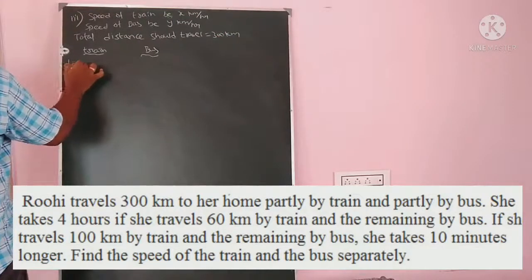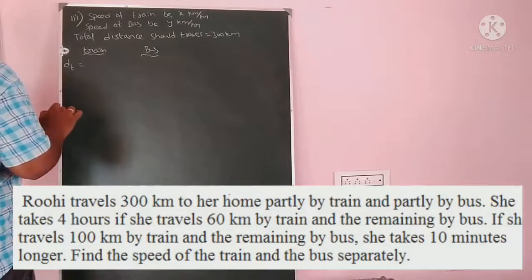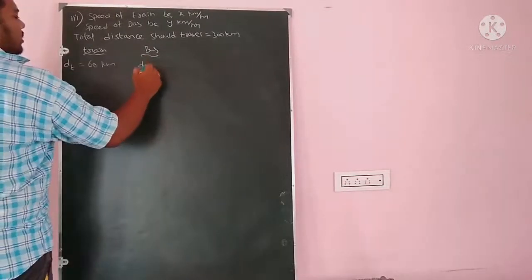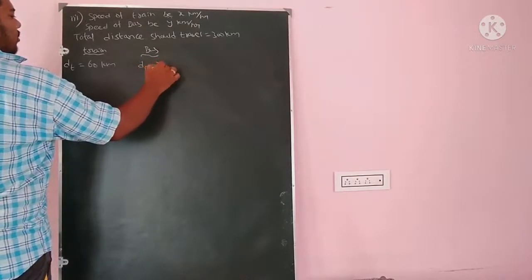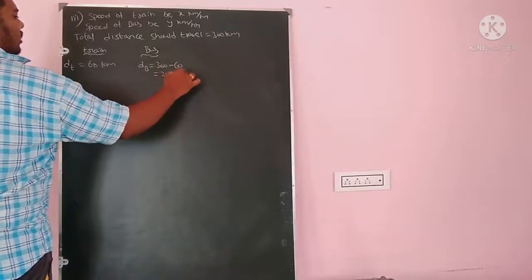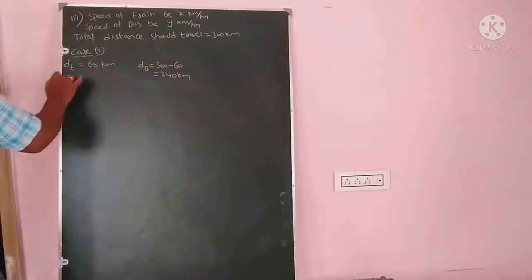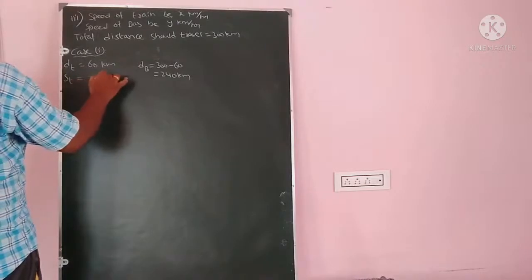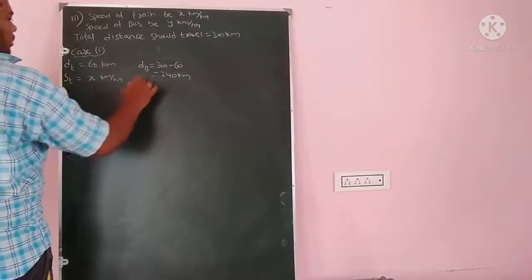Distance traveled by train. In the first case, what is given? 60 kilometers she traveled by train. Distance traveled by bus will be 300 minus 60, that will be 240 kilometers. Now the speed of the train, I will assume x kilometers per hour.